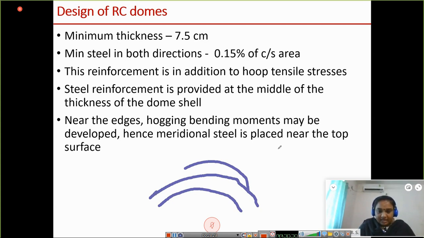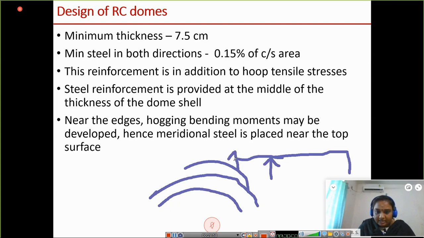So sometimes, like in a beam, sorry that I'm not familiar with this kind of tool. Suppose your beam is like this.